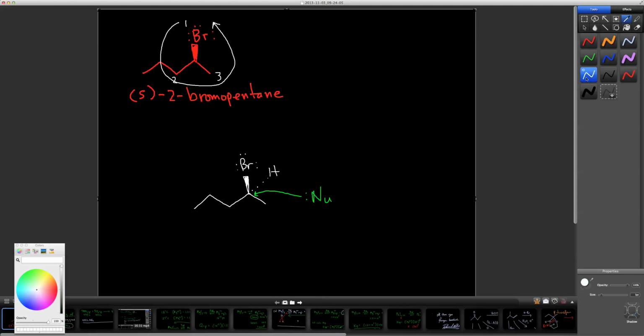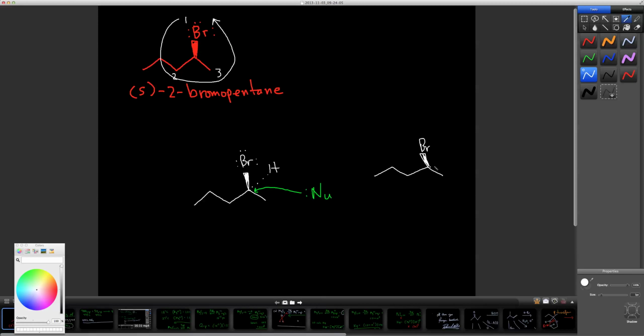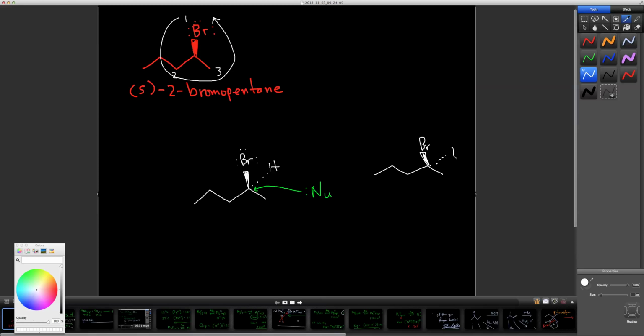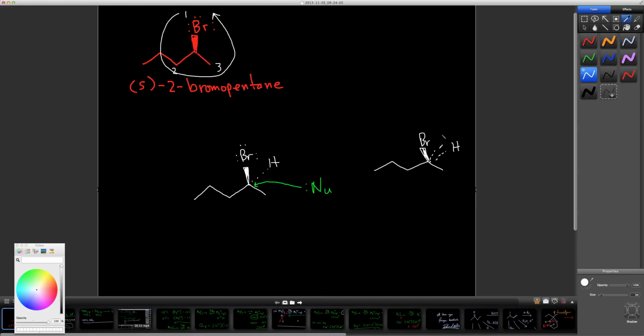I hope that you guys can quickly see that this process is not going to be allowed for the simple fact that carbon is not able to present a pentavalent bonding environment. So this carbon would be bonded to 1, 2, 3, 4, 5 different types of environments.